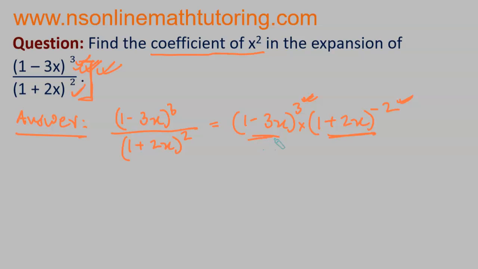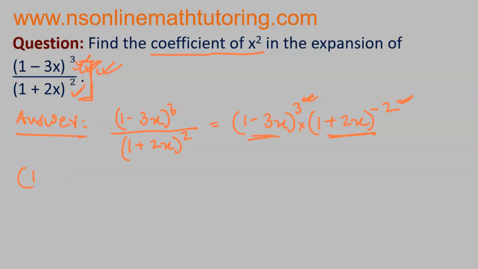So first of all, let us write all the 4 terms because there will be only 4 terms, though I very well know and you all know as well that we won't be requiring all the 4 terms, but let us write all of them as a revision. Okay, so (1 minus 3x) raised to the power of 3 will be starting with 3C0, which is equal to 1, times 1 to the power of 3 minus 0, which is 1 cube, that is 1, and (minus 3x) raised to the power of 0, which is also equal to 1.